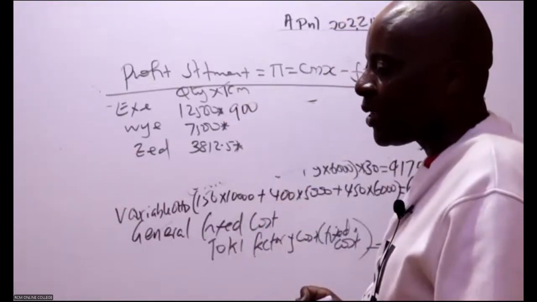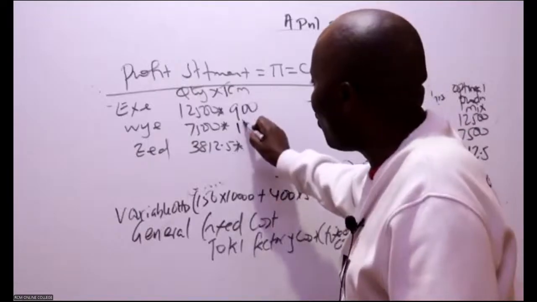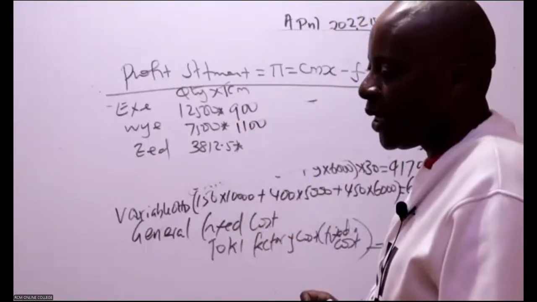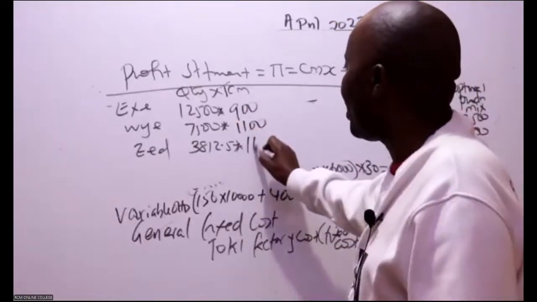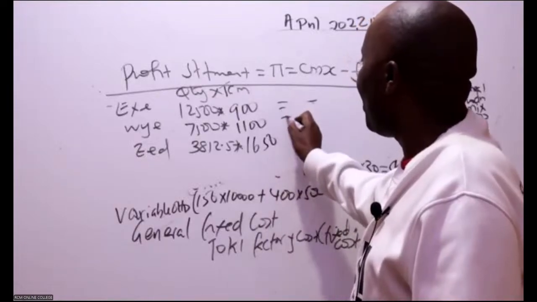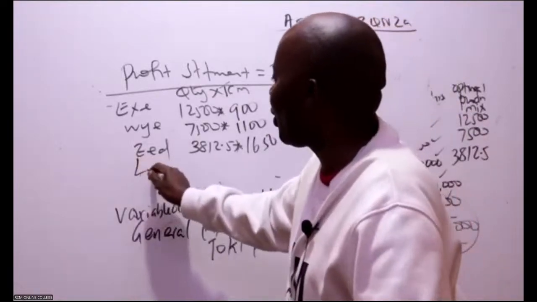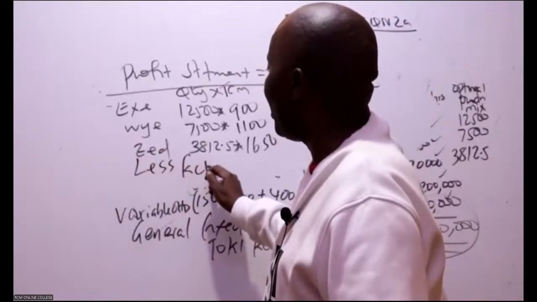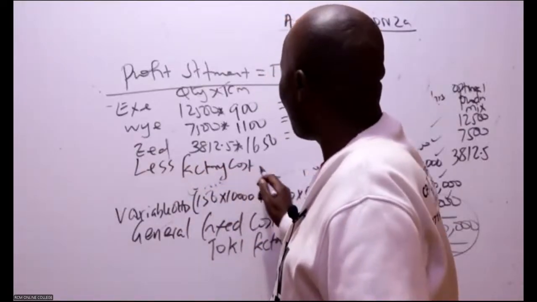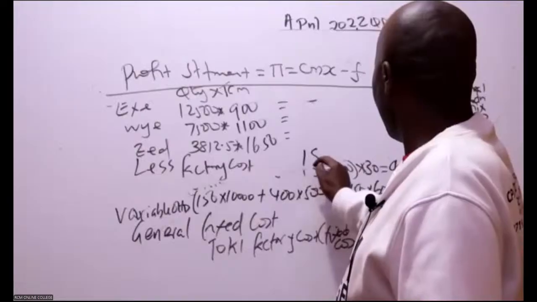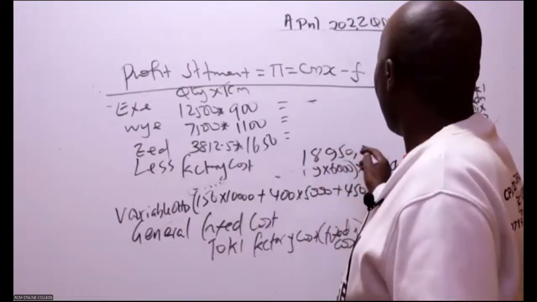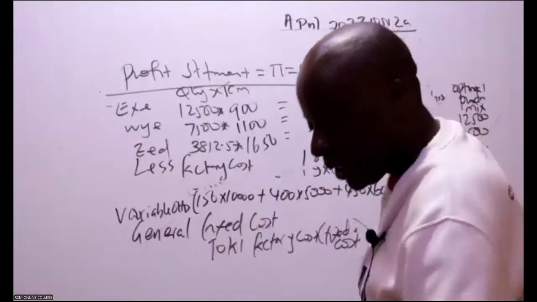How about Y? 1,100 for Y. How about Z? 1,650. Yeah. So please give me these figures, less factory costs. And the factory cost is 18,950,000.